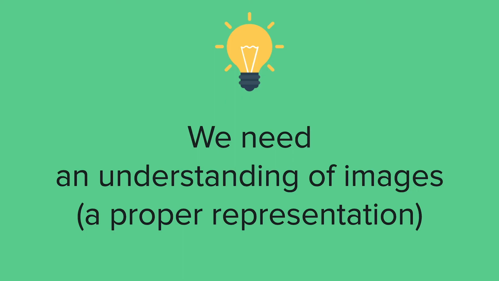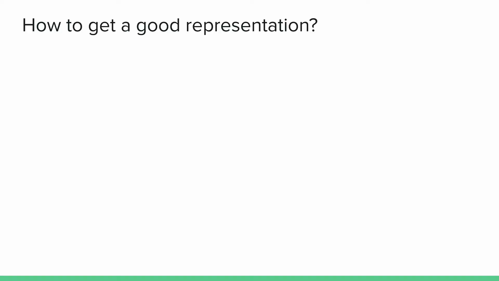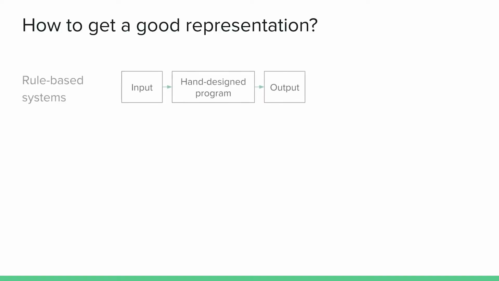So what could we do instead? Well, we need this sort of understanding of images. And in images, we know that pixels that are nearby are often related, and we need to extract a meaningful representation of this. So, how do we get a good representation here?